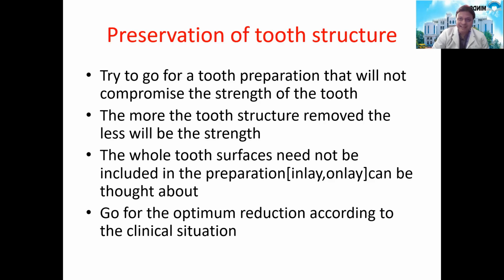Also, it is not mandatory that we have to prepare all the 5 surfaces of the natural teeth. For example, if the situation does not demand a full coronal preparation, we can go for an inlay or onlay, covering only certain aspects of that particular tooth. So according to the clinical situation, we have to go for an optimum tooth preparation.